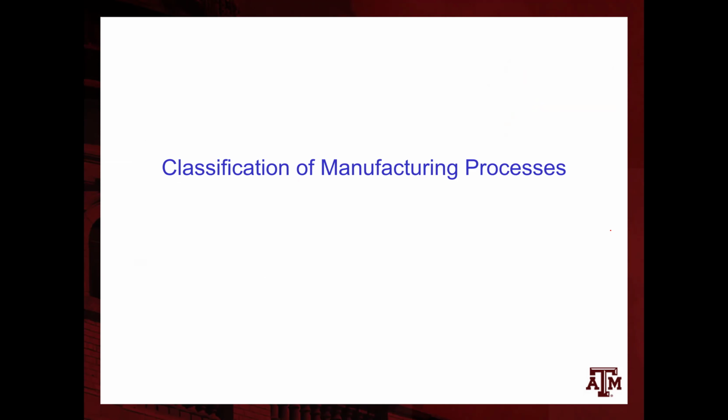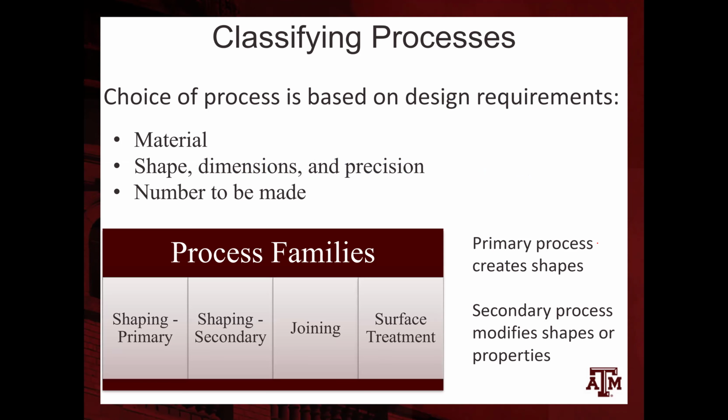Also, we can think about classifying the manufacturing processes in a way similar to classifying the materials. So this is just to discuss that from a big picture point of view.